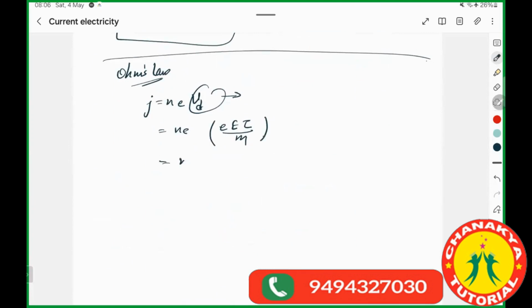This will become n e squared tau by m times E. So except E, remaining everything we will consider as sigma. J equals sigma E, which is Ohm's law.